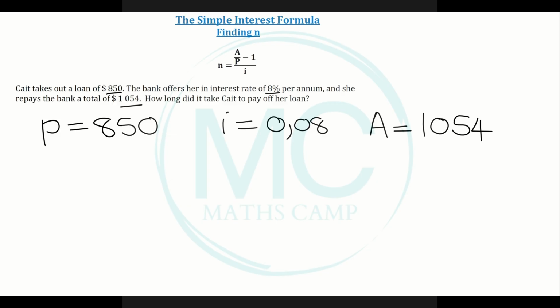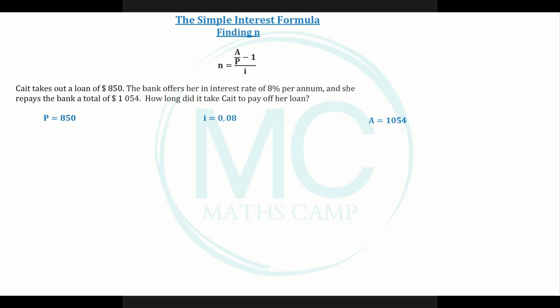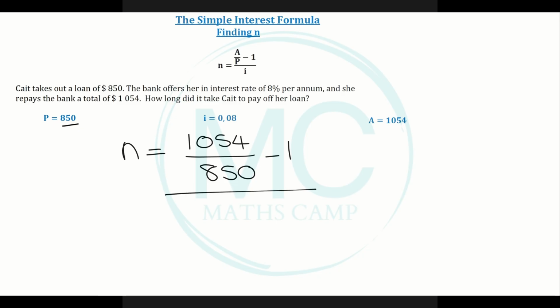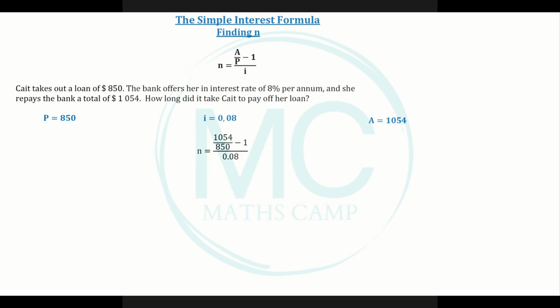Now that we have these values, we can find how long it took Kate to pay off her loan. So we can say n, the duration, is equal to A, 1,054, over P, 850, minus 1, all over I, which is 0,08. 1,054 divided by 850 gives you 1,24.